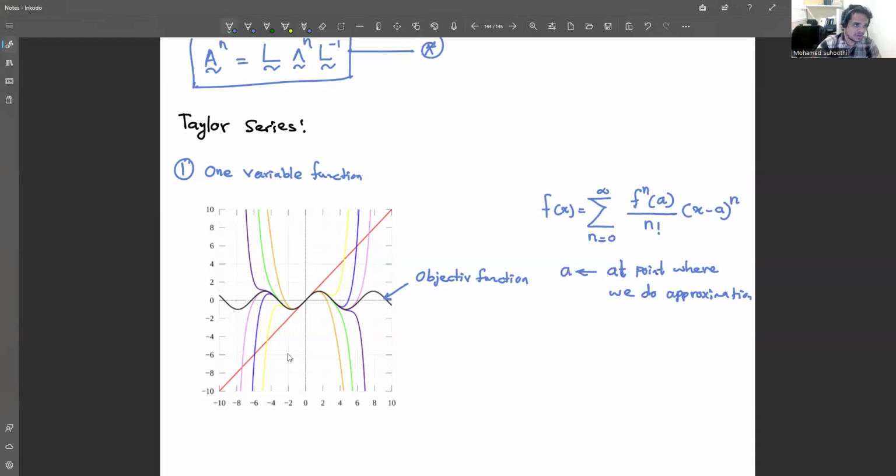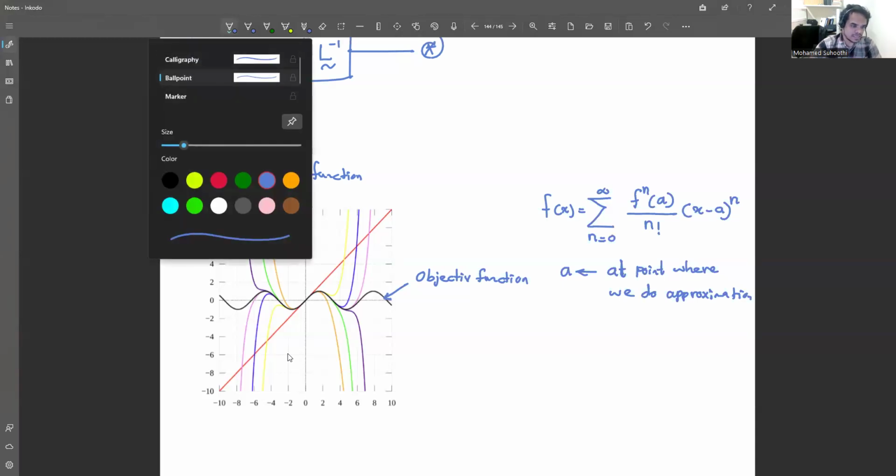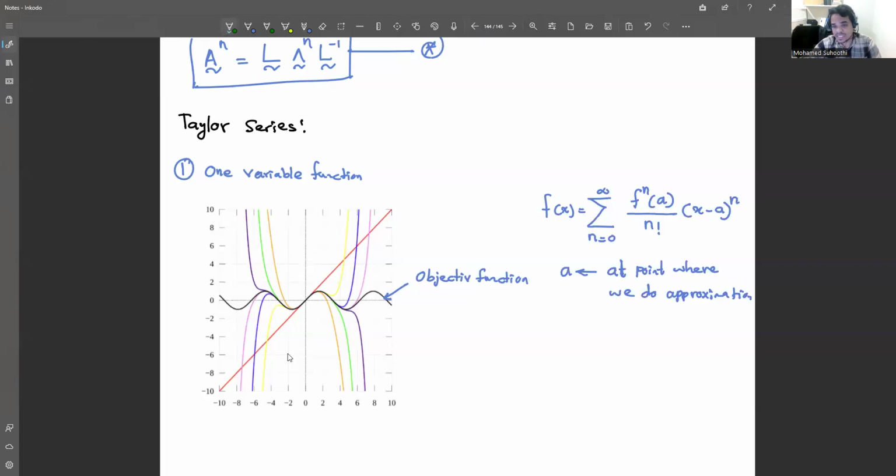For example, in this case, in the picture, they have taken the approximation at the initial point, the origin. That means a equals 0 in this particular picture, right?